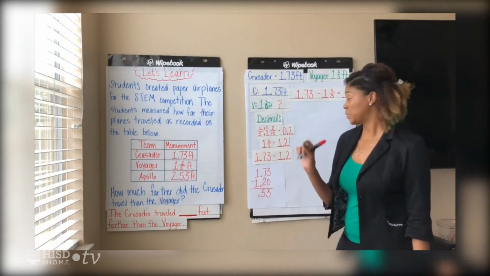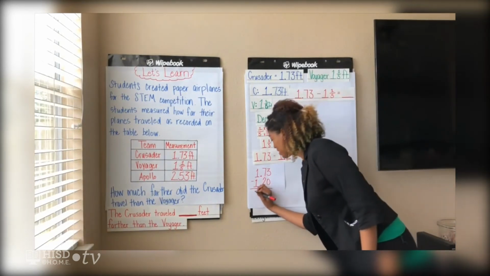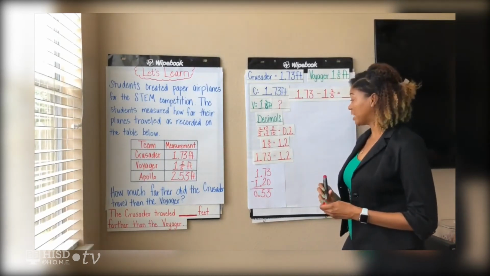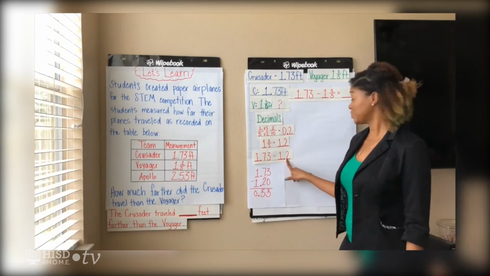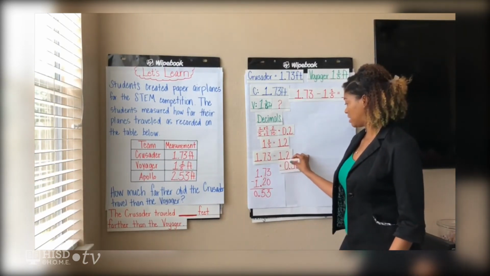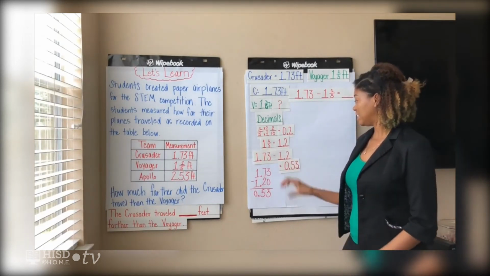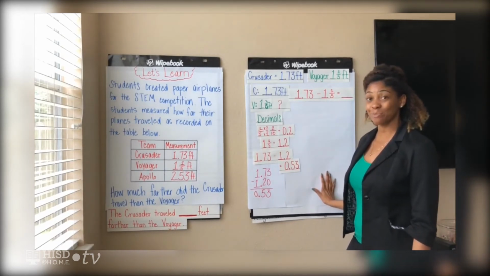And then I have 1 subtract another 1, which is going to give me 0 ones. So I know that 1 73/100 subtract 1 2/10 is the same as 0 53/100. And I'm going to put it here so that I can use this side for another problem.